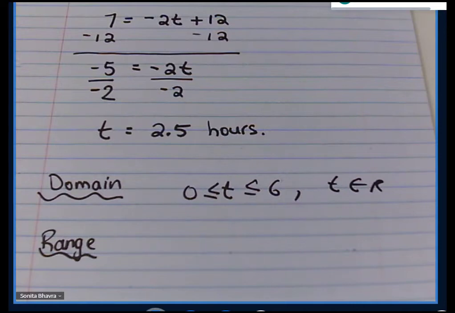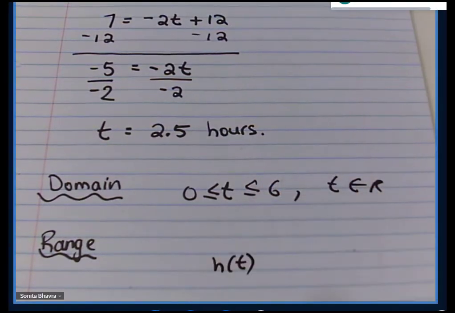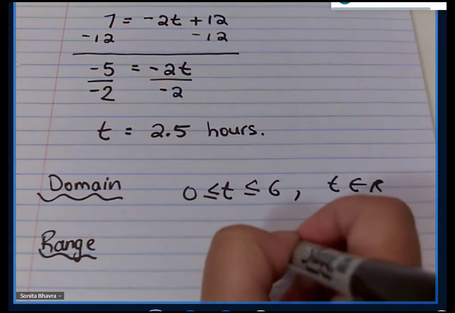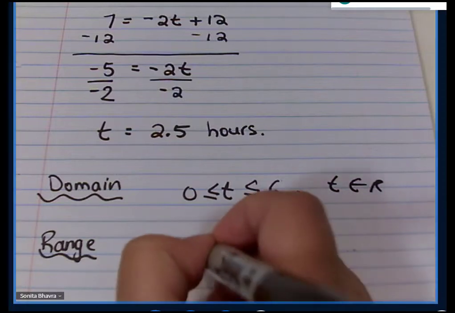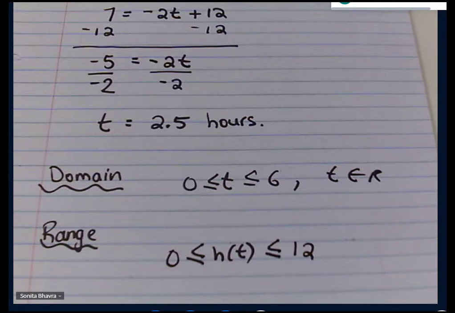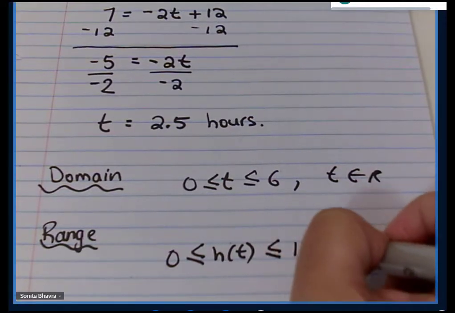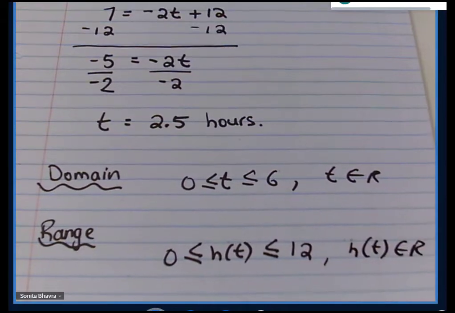All right, so our height, or our function h of t, is going to be less than or equal to 12, but greater than or equal to 0. And it's the element of real numbers.